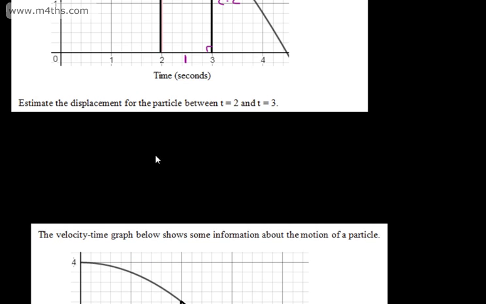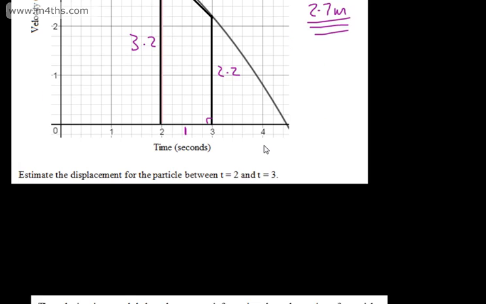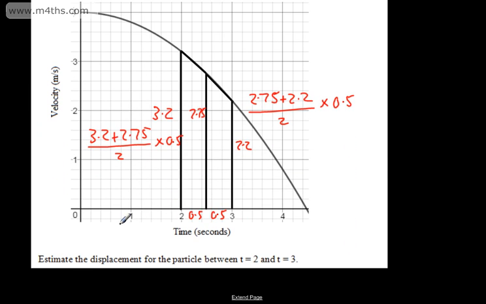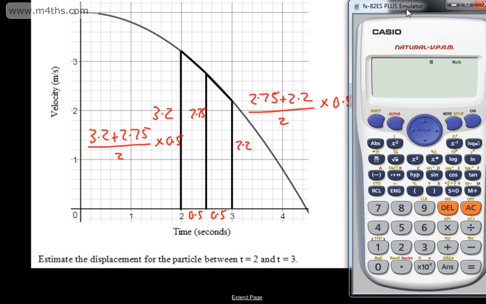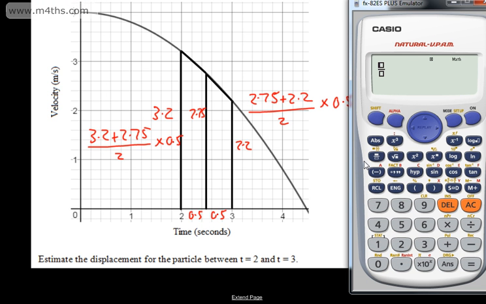In fact, let's just do it to find out what it gives me. With the trapezium formula there is a much quicker way of working this out. 3.2 plus 2.75 divided by 2 multiplied by 0.5, and then we add to that 2.75 plus 2.2 divided by 2 multiplied by 0.5.